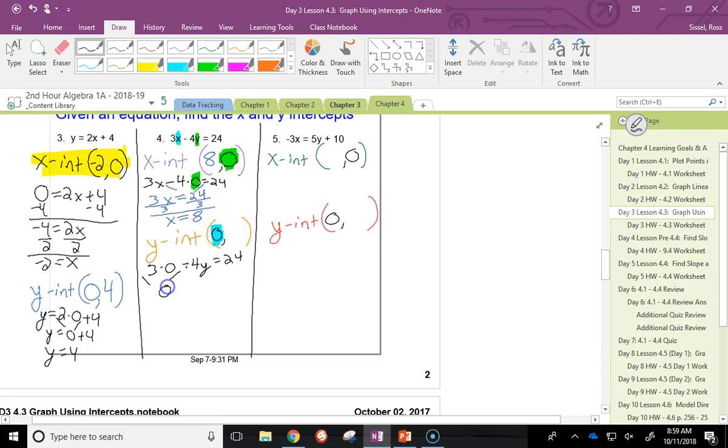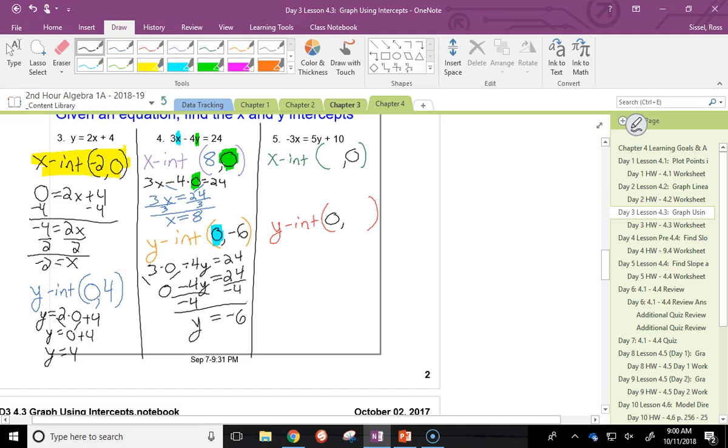That becomes 0. I have negative 4y equals 24. I'm going to divide by negative 4. Y equals negative 6. And then that becomes our coordinate. Y-intercept is at 0, negative 6.